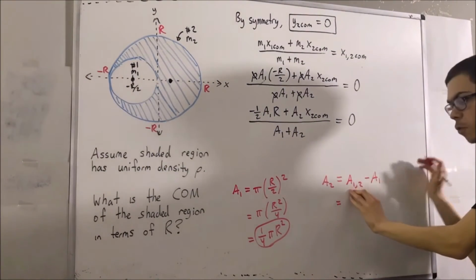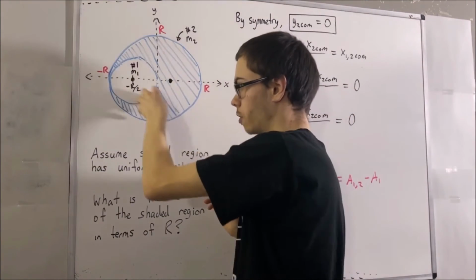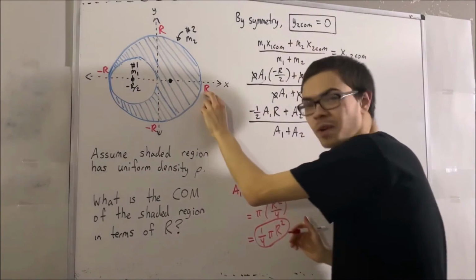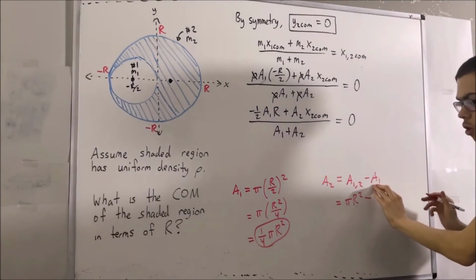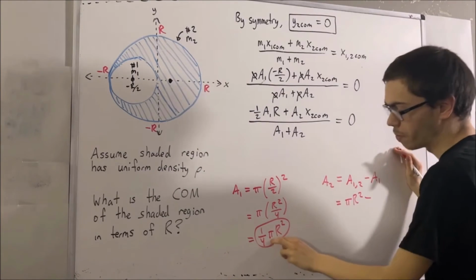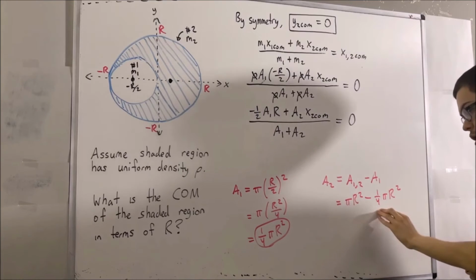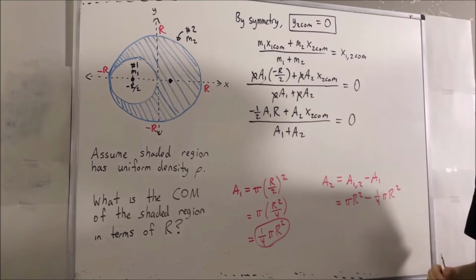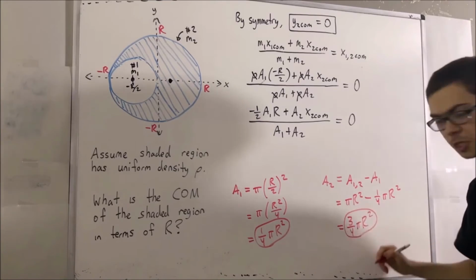Now, the area of region 1 and region 2 combined is really just the area of the larger circle, which we know is just pi r squared. And we subtract the area of region 1, which we already found to be 1/4 pi r squared. If we subtract these, we're really just combining like terms, so we get 3/4 pi r squared. So now we have the area of region 2.